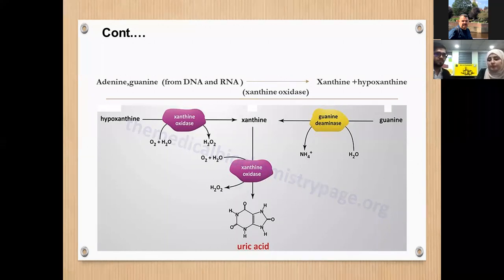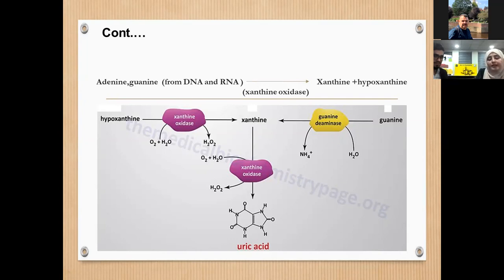Ruwaida, we have another group of drugs that is actually available, like pegloticase. Could you please clarify how the mechanism of this drug works? Yes, pegloticase acts by another mechanism.